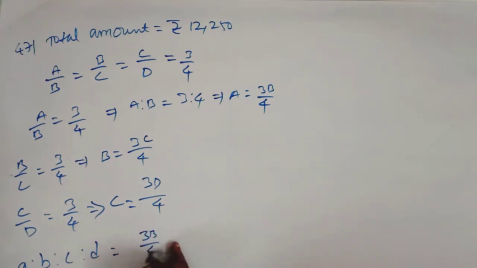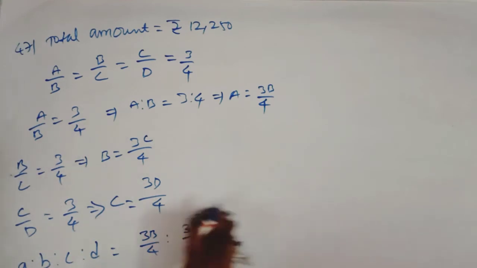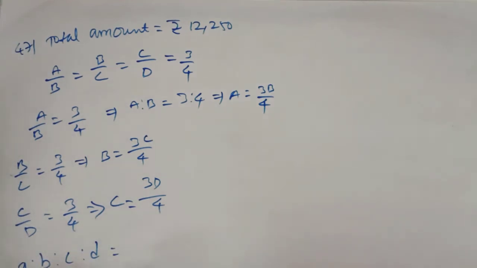So 3B by 4 is to 3C by 4 is to 3D by 4. Okay, so here the ratio will be, so if A value I am taking as 3, that is 9 is to 12 is to 12 is to 16.